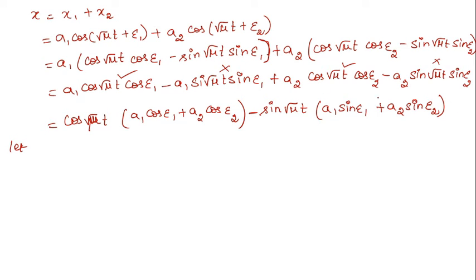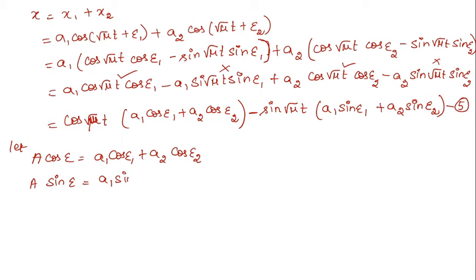And let capital A cos epsilon be equal to A1 cos epsilon 1 plus A2 cos epsilon 2. Similarly, capital A sin epsilon is equal to A1 sin epsilon 1 plus A2 sin epsilon 2. So mark these as equations 6 and 7.